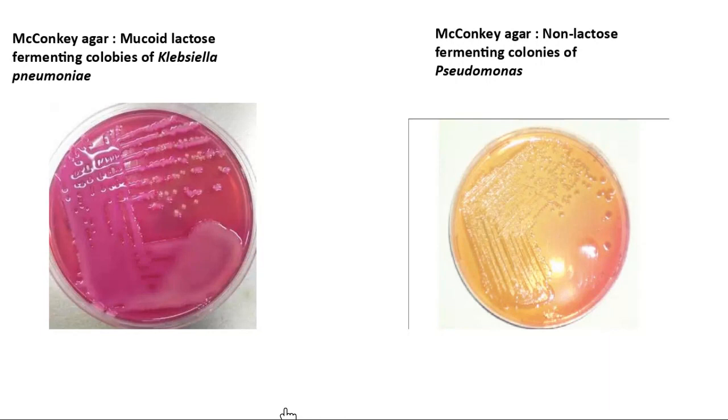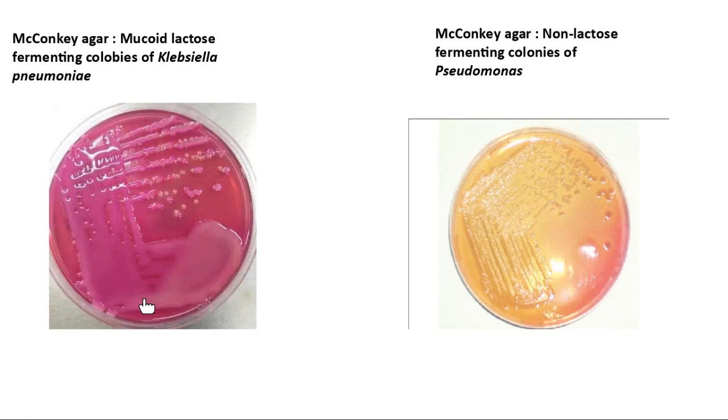Clear? On the other media, if the infection is caused by gram-negative bacteria, they will grow on the MacConkey agar. And on MacConkey agar, if they give pink, mucoid colonies, it means the organism is Klebsiella pneumoniae, which gives you lactose fermenting colonies.